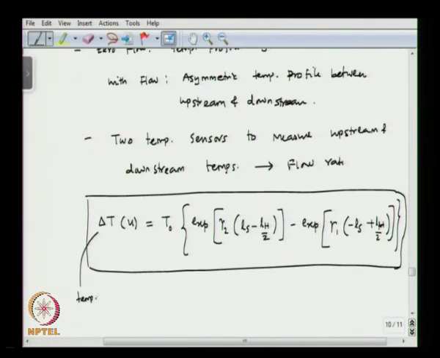This is the temperature difference between upstream and downstream.